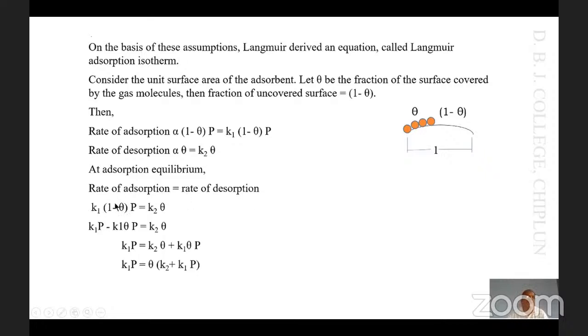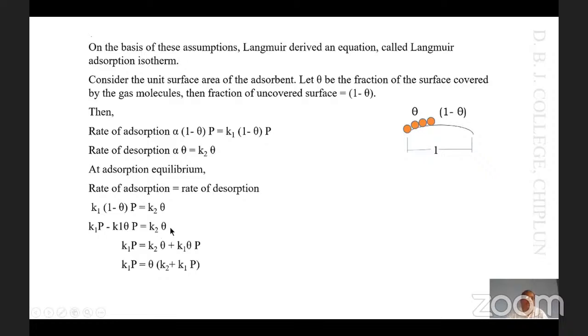Let us substitute the values of rate of adsorption and rate of desorption. So K1 (1 minus theta) P is equal to K2 theta. Let us simplify this equation. K1 into 1 into P, that is K1P, minus K1 theta P, is equal to K2 theta.